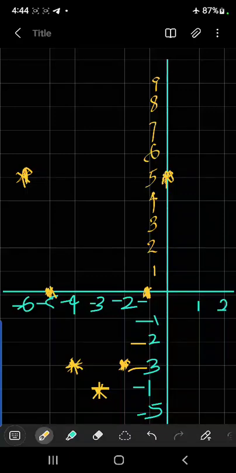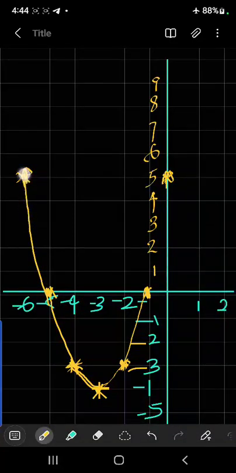So I can now plot the curve. The curve will be like this. Look at the curve.